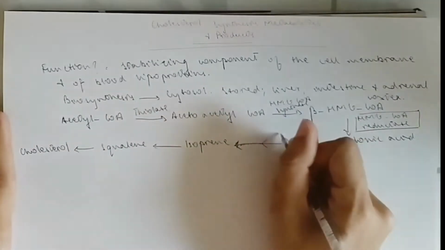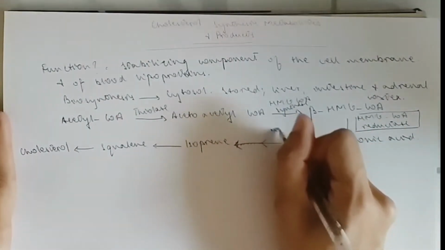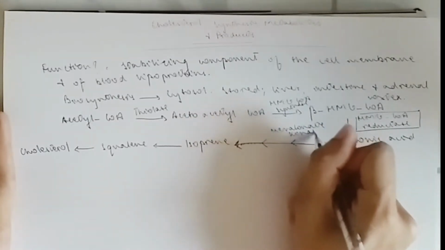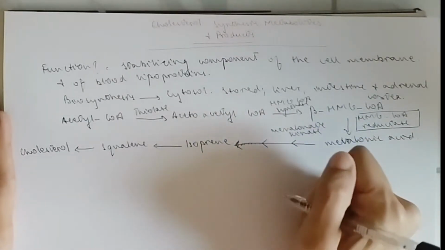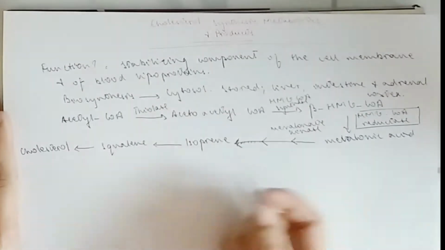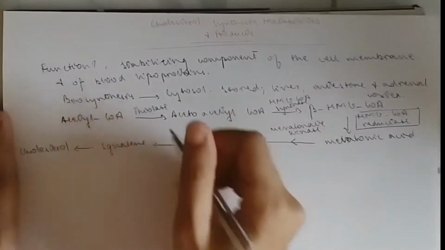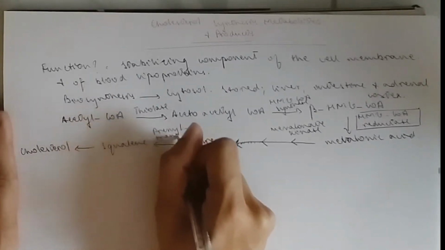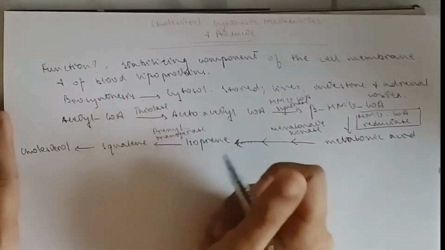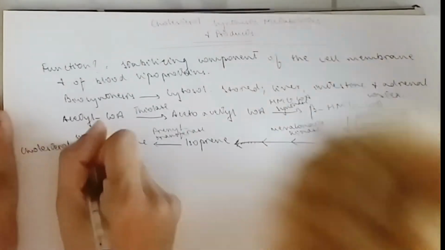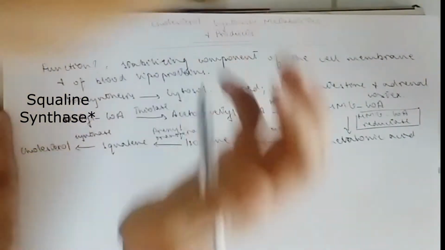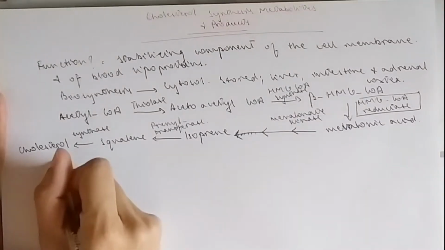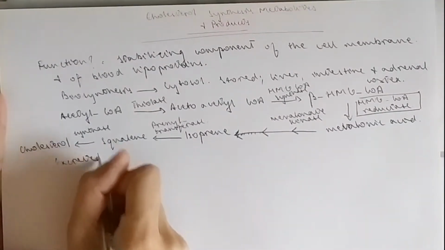All right, then I told you 3 steps, and there's mevalonate kinase, phosphomevalonate kinase, pyrophosphomevalonate decarboxylase, isopentenyl pyrophosphate isomerase, but I don't think it's that important. The important thing is that it goes from mevalonic acid to isoprene to squalene and then cholesterol. So from isoprene to squalene is prenyl transferase, then squalene monooxygenase. Okay. So that would be the synthesis.